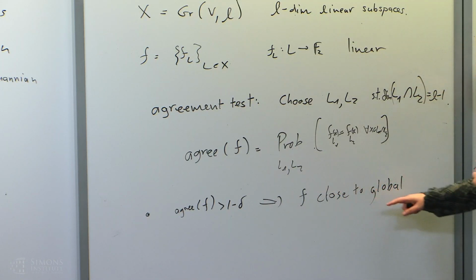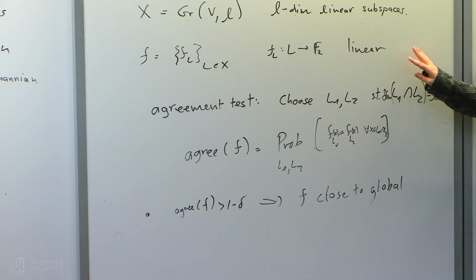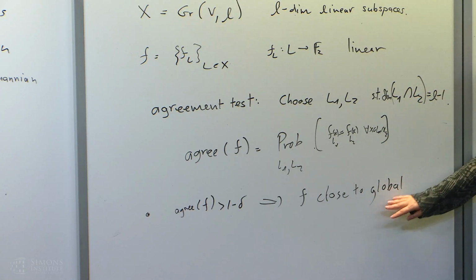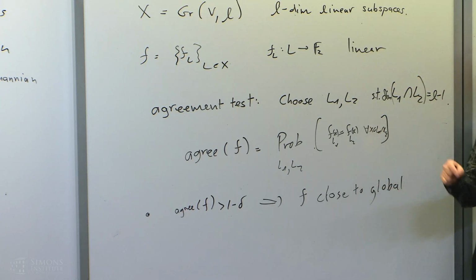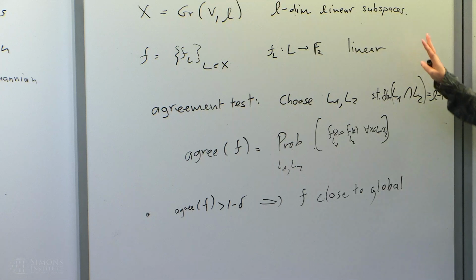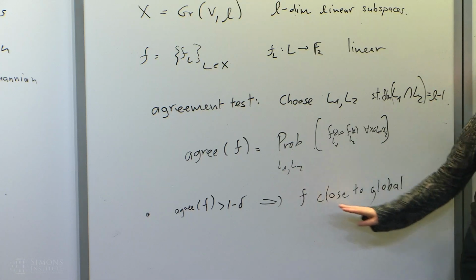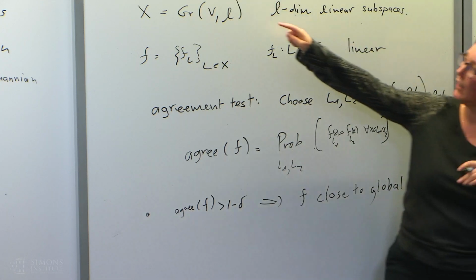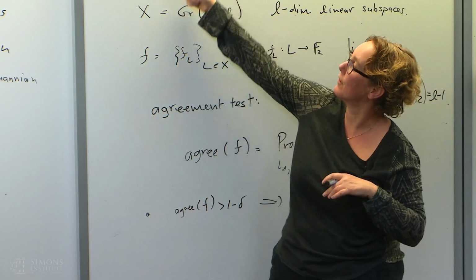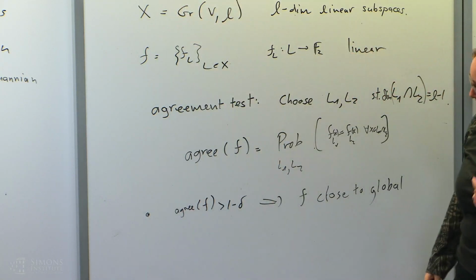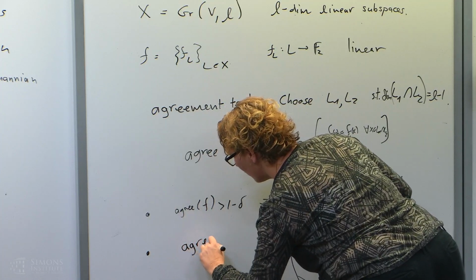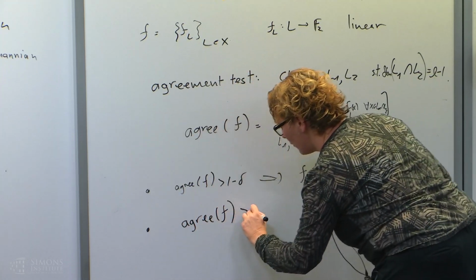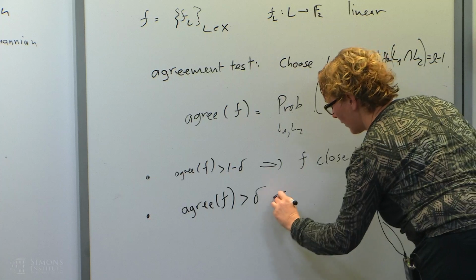When I say global, it is easy to prove that if you're close to global, then not only is there some function on the vertices that you agree with, it will be linear. So in this case, a global function will be a function on F2 to the n that is also linear on F2 to the n. But what we are interested in is what happens if we know that the agreement of F is just bigger than delta.